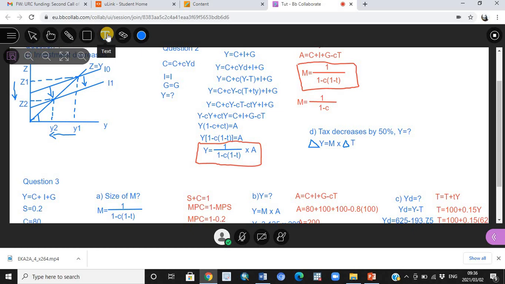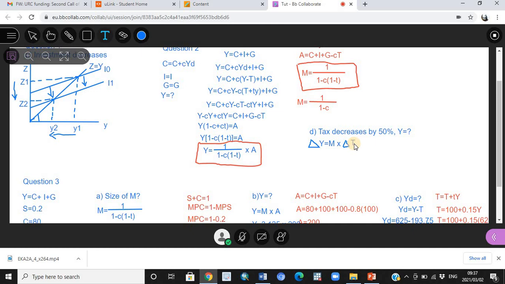Well, there we go. So here we'll say, it came from 100 to 50. We can always work this out again, and this tax is autonomous tax.